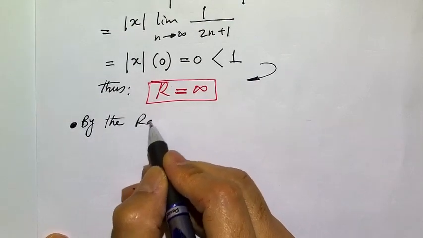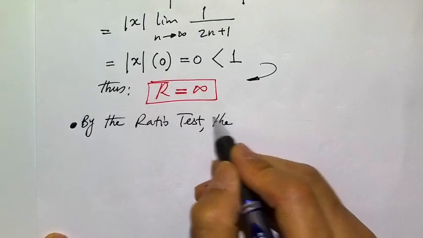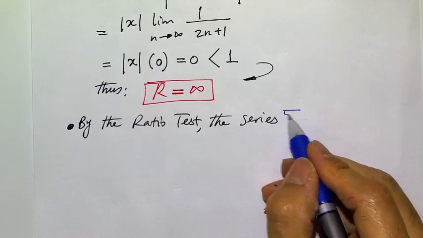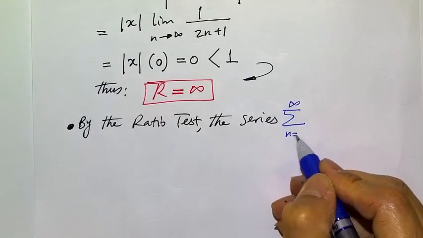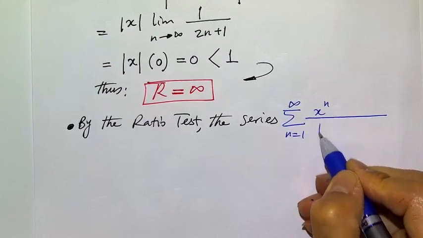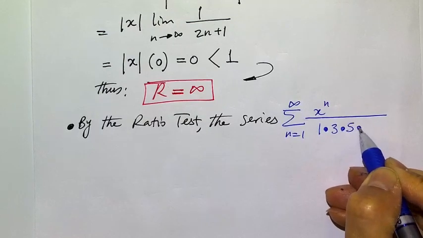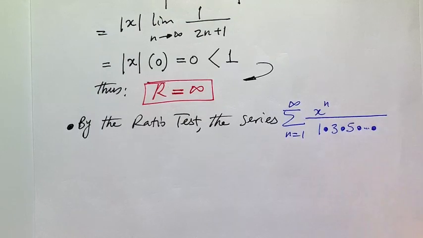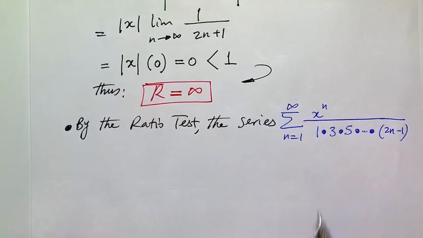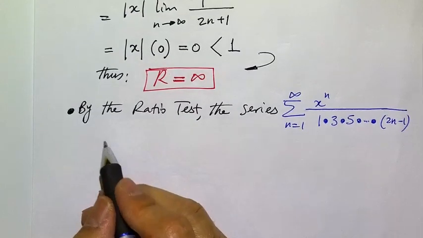So by the ratio test, the series converges for all real values of x.